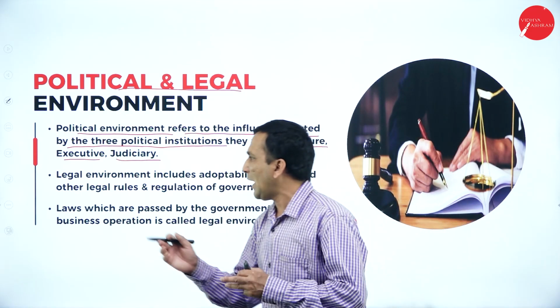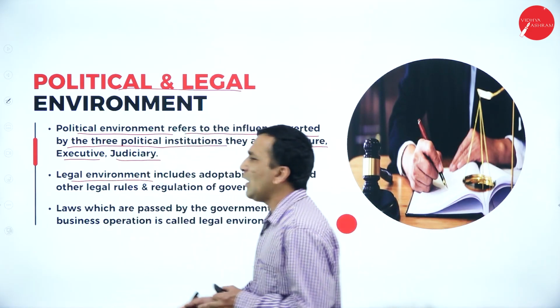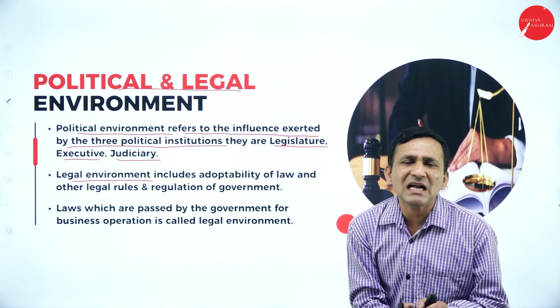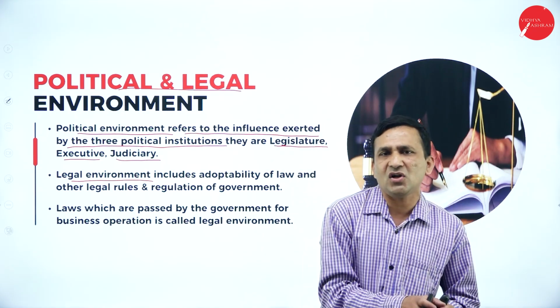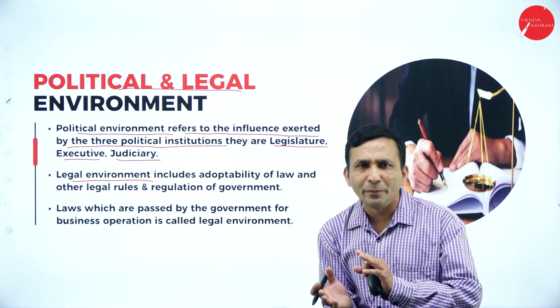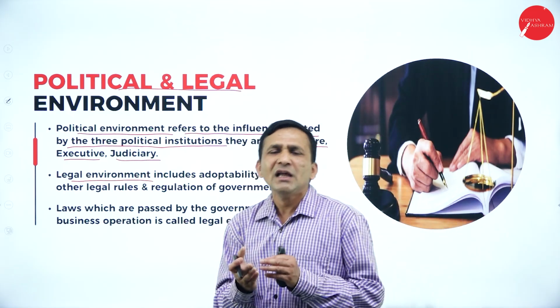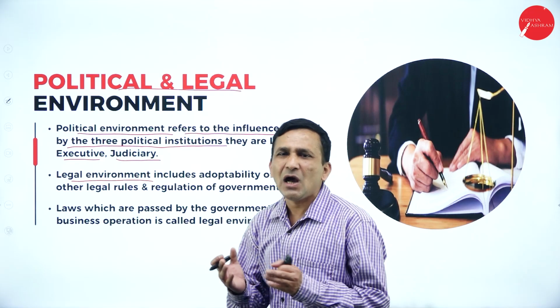Here, in the legal environment, any business will start based on the legal guidelines set by the state government, central government or local government. So you have to follow the legal guidelines made by the government.